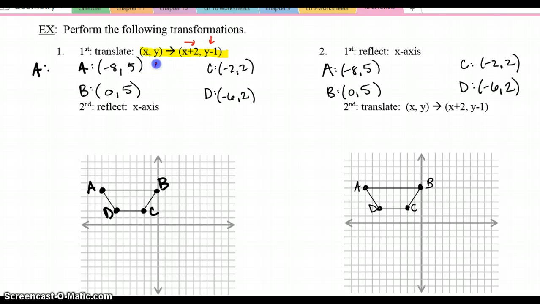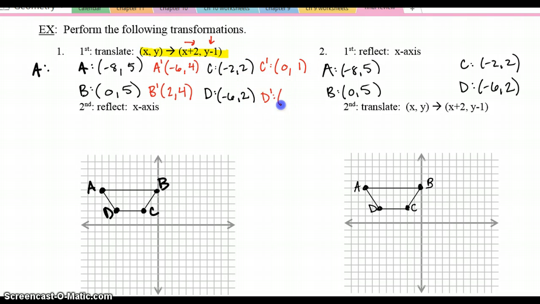So whenever I write my new coordinates, I have A prime will be at negative 8 plus 2, which is negative 6, and 5 minus 1, which is 4. B prime will be at 0 plus 2, which is 2, and 5 minus 1, which is 4. C prime will be at negative 2 plus 2, which is 0, and 2 minus 1, which is 1.